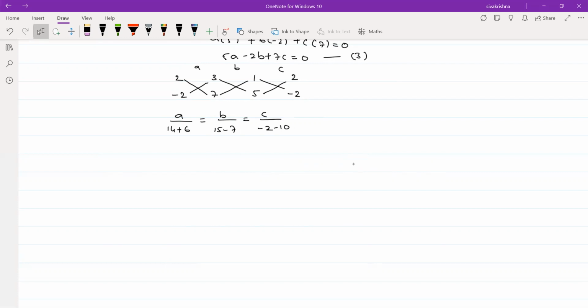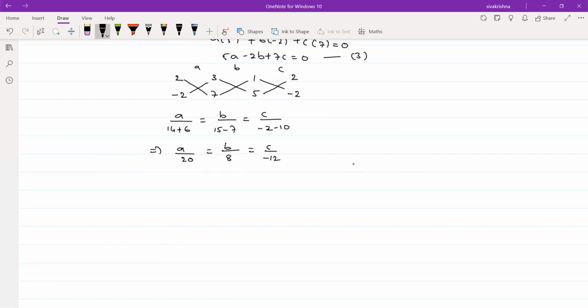So these values come under c. On simplification we get a by 20 is equal to b by 8 is equal to c by -12. Okay, so these are the values of a, b, and c.